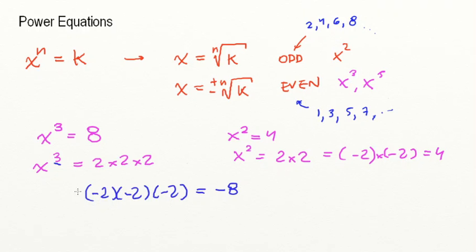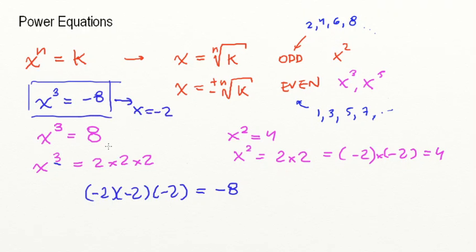So those are different. So see that now I will have separate solutions. When x to the power 3 is negative 8, x is negative 2. And when x to the power 3 is 8, then x will be 2.